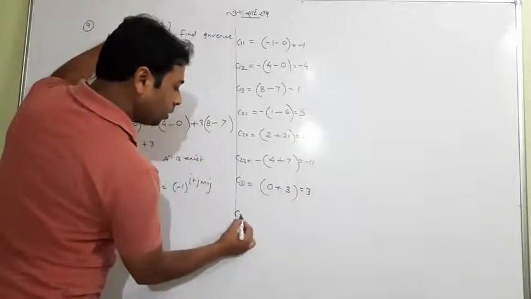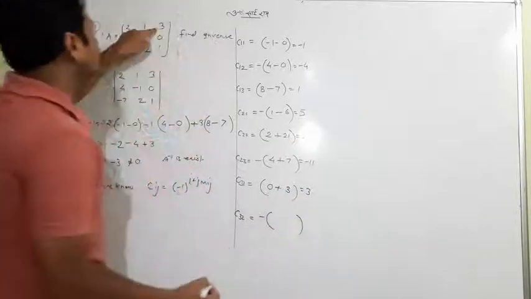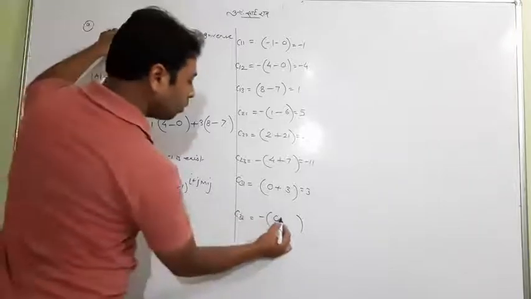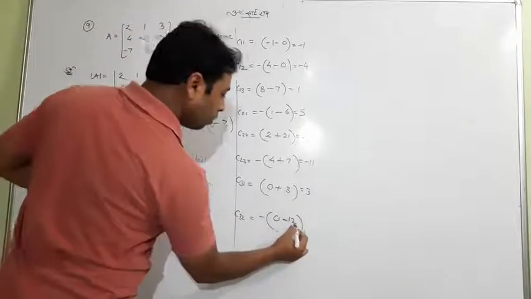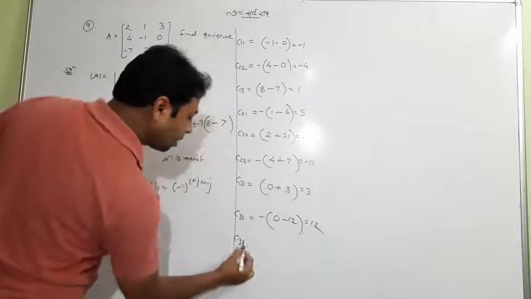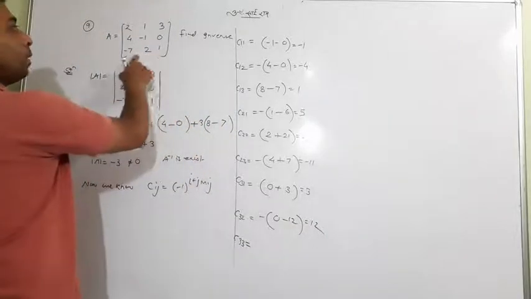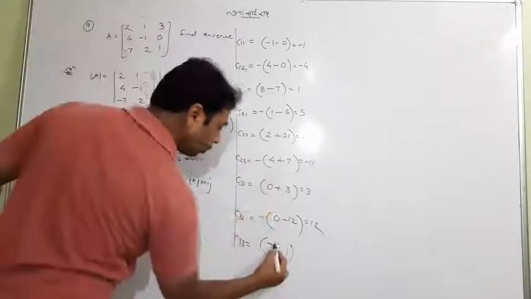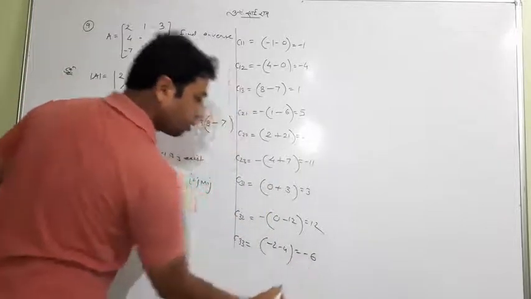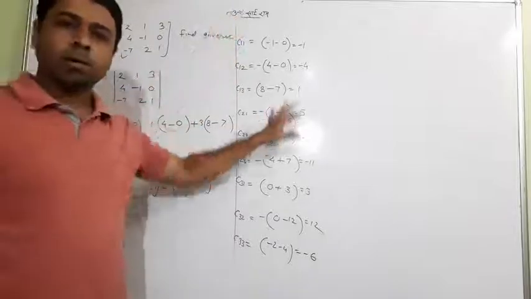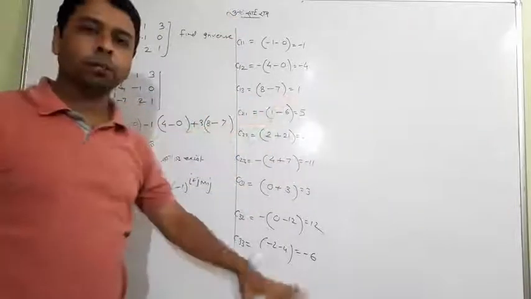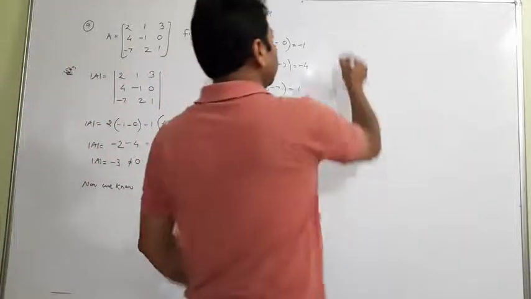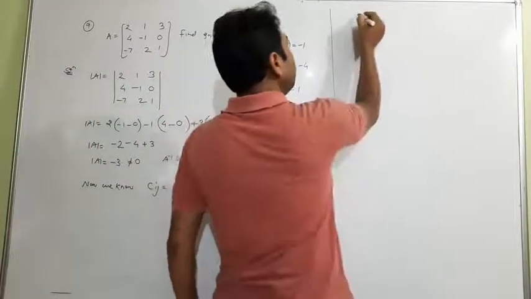And C32, itself a negative sign, cofactor of minus 2, these two dropped, 0 into 2, and 4 6s are 12. And lastly, C33, cofactor of 1, these two dropped, positive sign comes, minus 2, minus 4, minus 6. So I hope the calculation is correct because I didn't check once more, and we will find C.